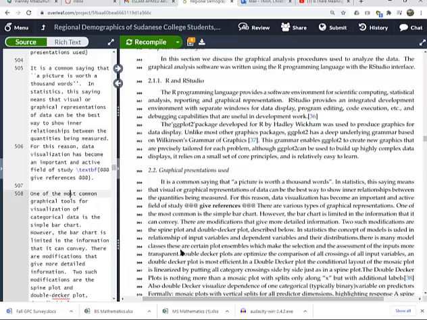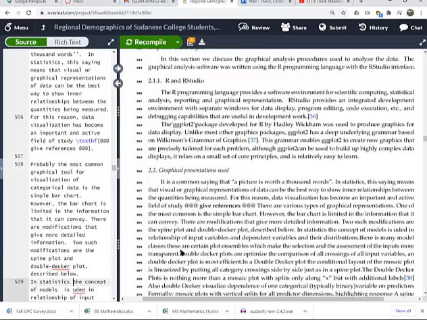Probably we can say probably the most common graphical tool for visualization of categorical data is the simple bar chart. So now we're talking about spine plot and double-decker plot. Let's save this and see where we are.